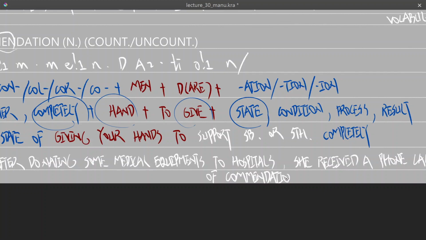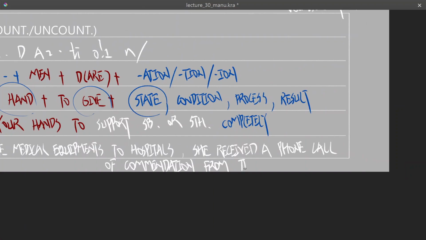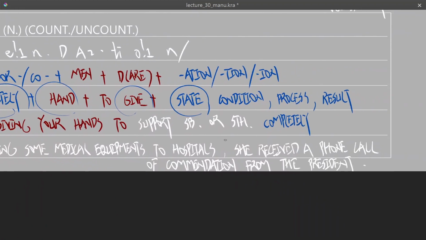Commendation from who? From the president. After donating some medical equipment to hospitals, we received a phone call of commendation from the president.